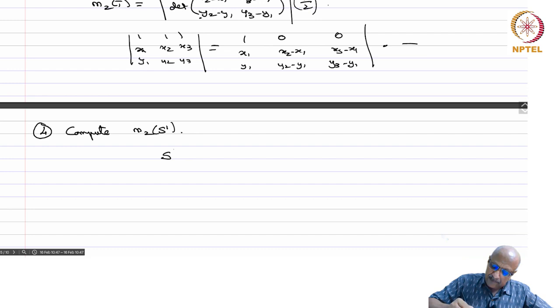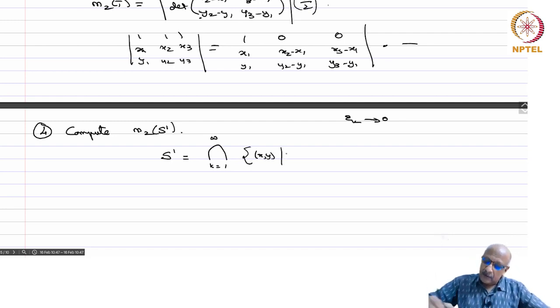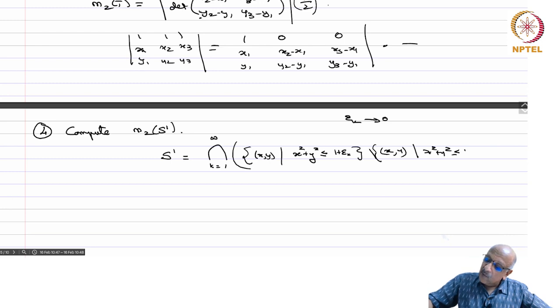So S1 is nothing but the intersection over k equals 1 to infinity, with epsilon k tending to 0, of the set of all (x,y) such that x square plus y square is less than or equal to 1 plus epsilon k, minus the set of all (x,y) such that x square plus y square is less than or equal to 1 minus epsilon k.